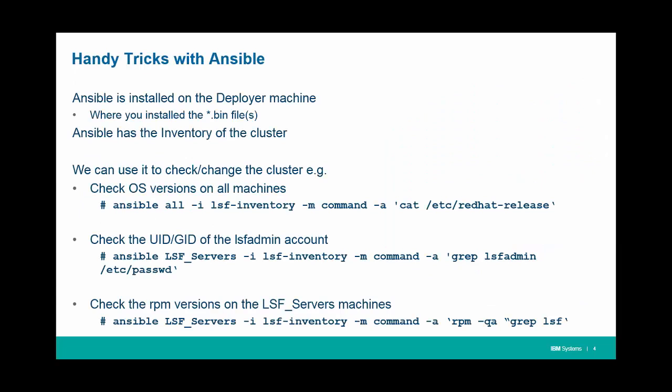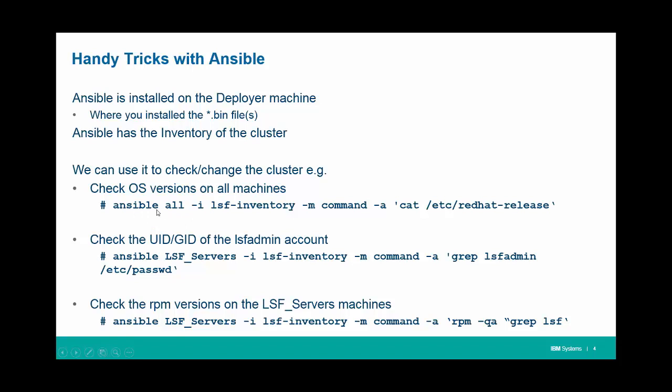One of the things that you have is Ansible. When you set up that deployer machine and ran that bin file, you actually got Ansible installed on the deployer machine. You can use this as a tool to query your environment to see what you have. For example, I can use a command like this, where I'm running Ansible.